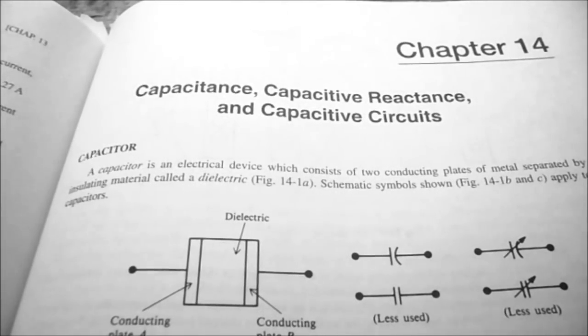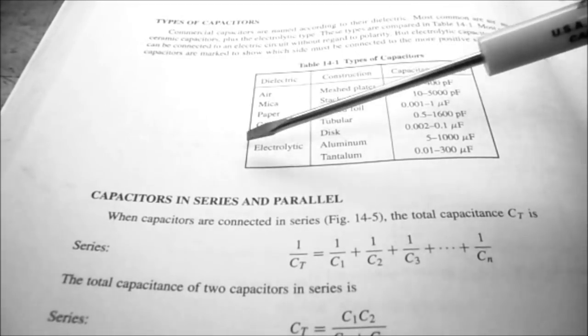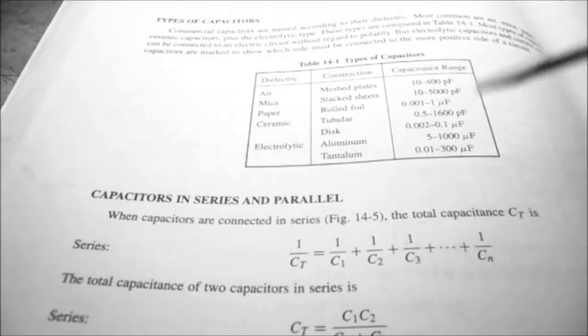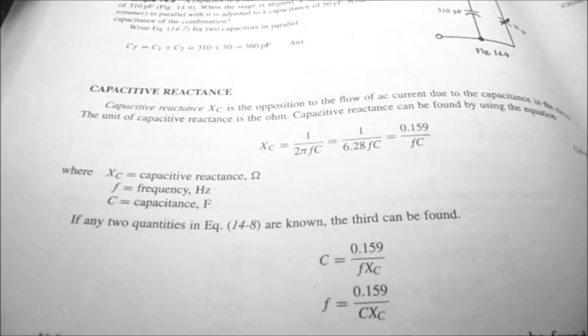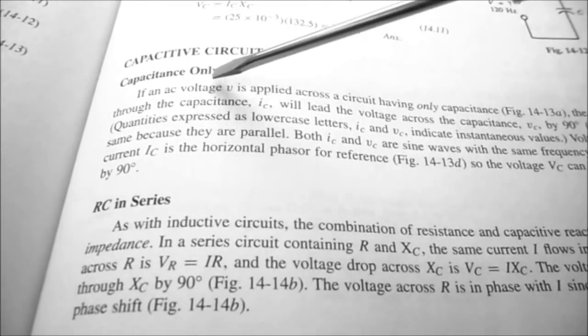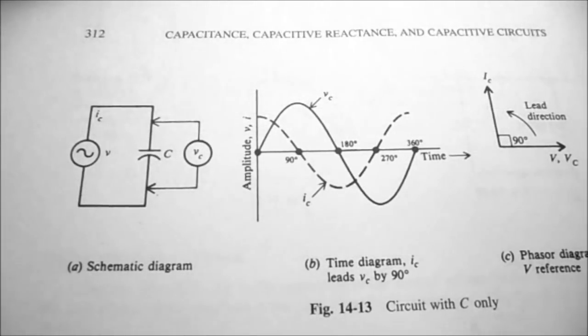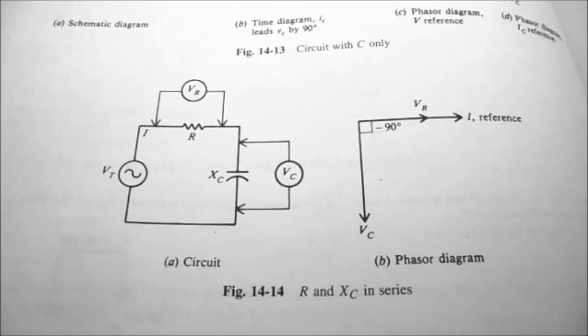So Chapter 14 starts off talking about the capacitor. Talks about the types of capacitors that we might encounter, talks about capacitors in series and parallel and how to add them together, talks about capacitive reactance and gives you the formula for Xc equals 1 over 2 pi F C, talks about capacitive circuits, capacitance only, and RC in series, shows us the waveforms and the phasor diagrams for capacitance, and has a section on R and Xc in series, which is what our lab is about today.